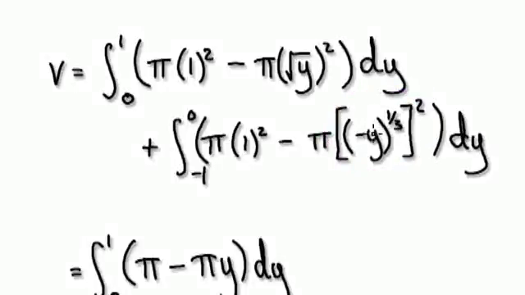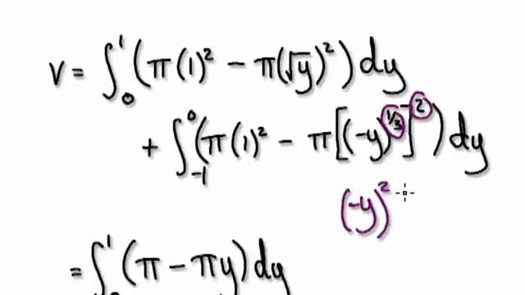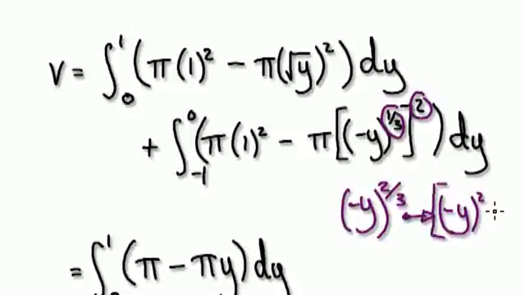You've got minus y, and then this times this will be 2 over 3. The point is that you can ignore the minus, because you can imagine this as minus y squared, to the power of a third. You're allowed to do this.